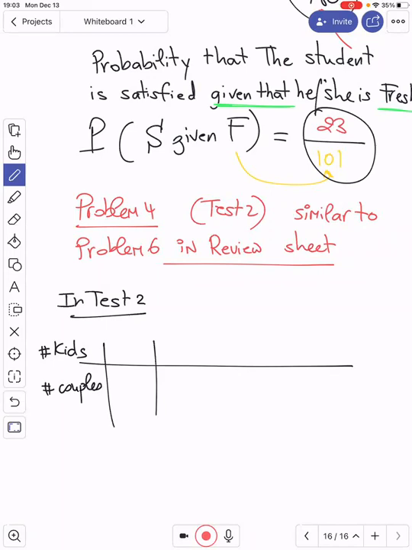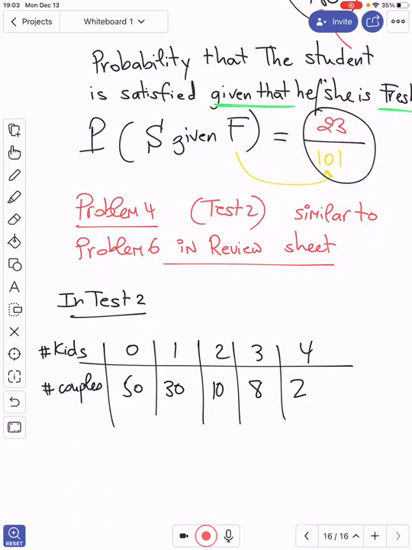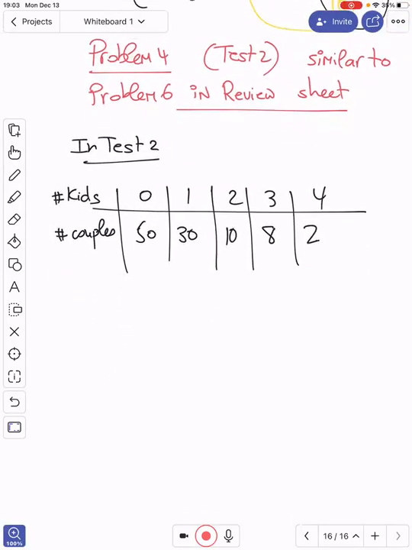The number of kids goes from 0 to, I think, 4. And the number of couples is 50, 30, 10, then 8, and 2. So you need to read the questions carefully.